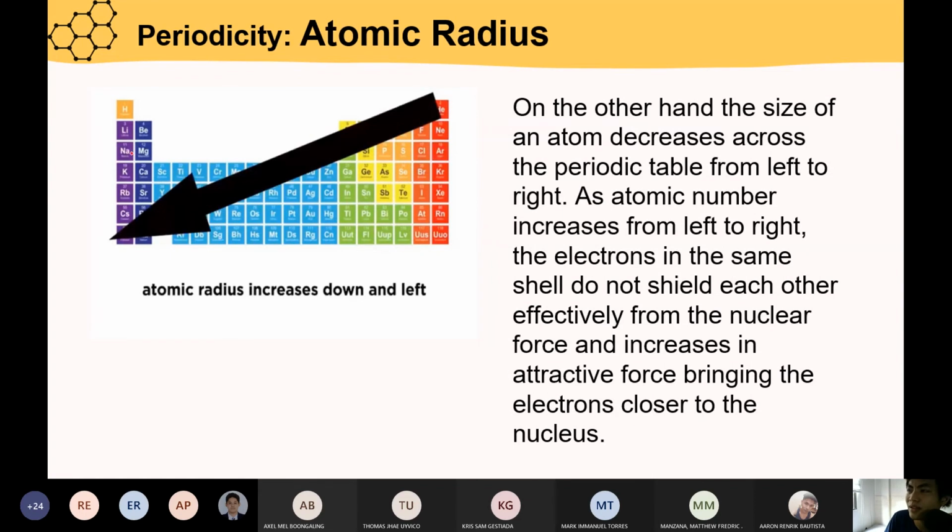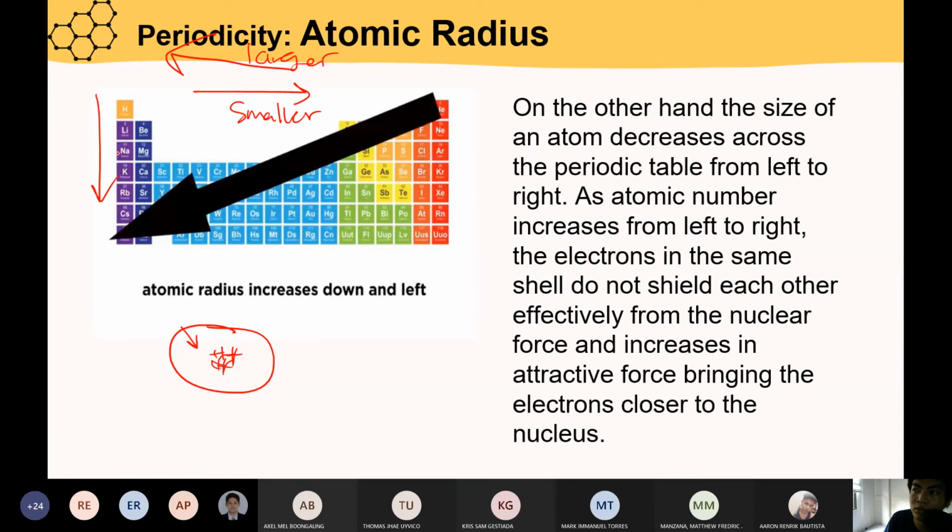So, yun yung reason bakit pagpapunta sa right, it gets small. Kasi, same orbit lang, pero dumadami lalo ang protons. So, the orbit shrinks. That means as you go to the right, yung opposite trend yung ma-observe. Larger sila as you go to the left.